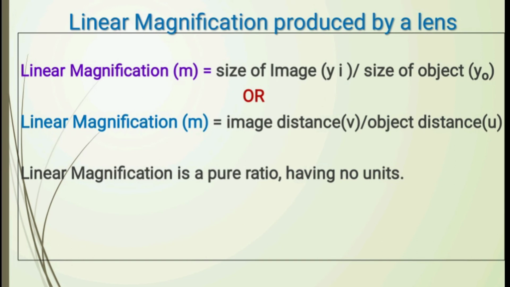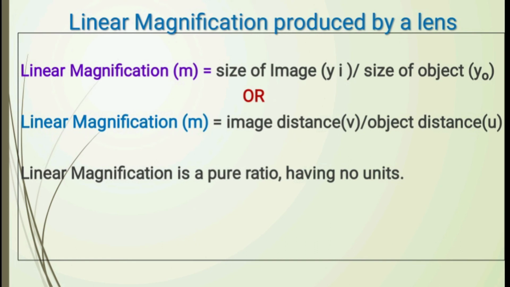When the image of an object is formed by the lens, if we calculate the ratio of the size of image to the size of the object, then this quantity will be called linear magnification. This linear magnification helps us in comparing the size of the image with the size of the object. Linear magnification is also obtained by the ratio of image distance to the object distance. It is a pure ratio having no units.